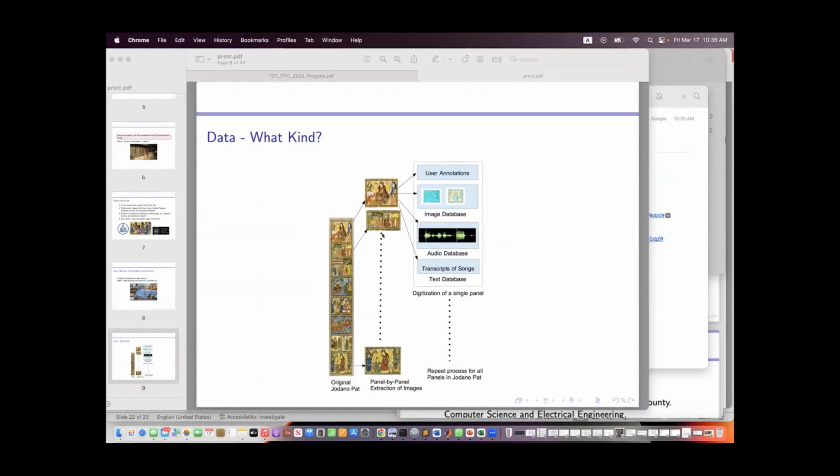So what we do is we take panel by panel pictures, and from these panels, so here you see a very long scroll, which has been cut up into smaller panels for extraction of images.